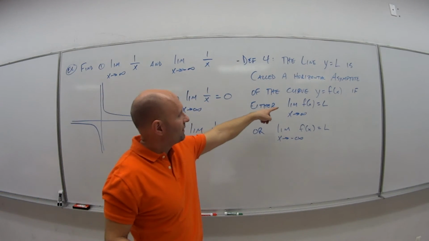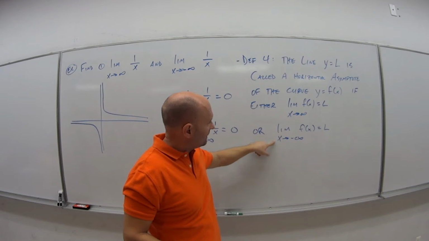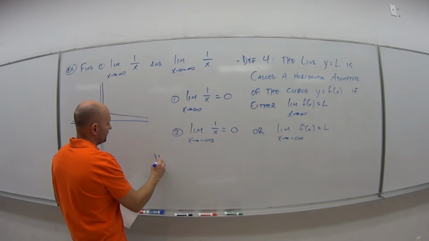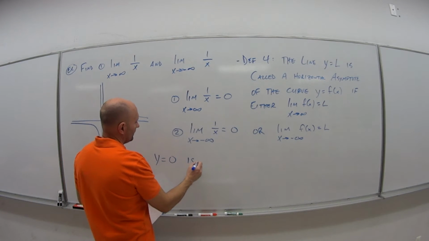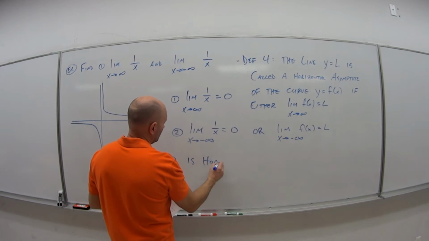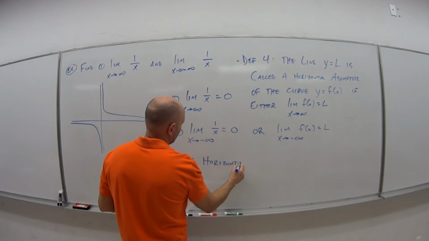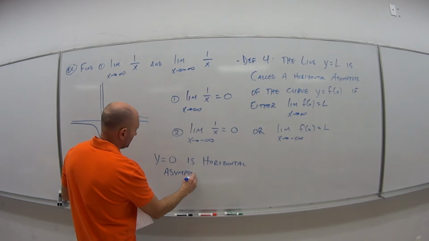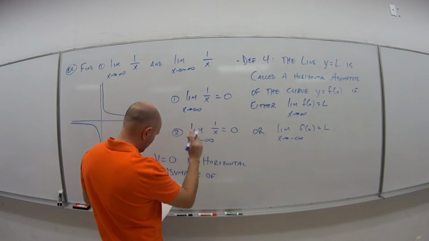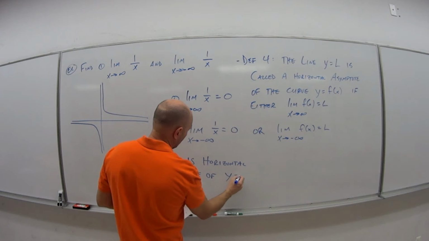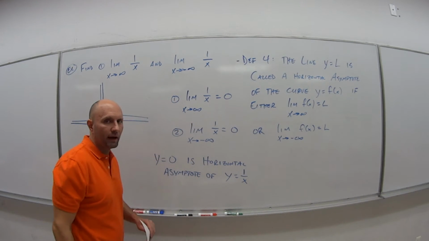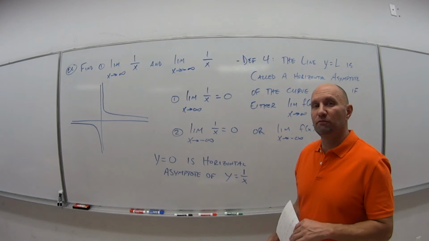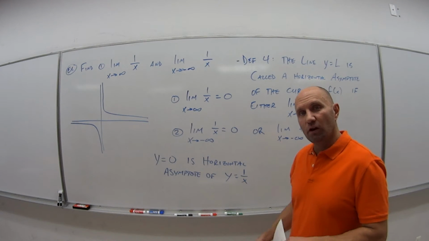Because the limit as I go to positive infinity and the limit as I go to negative infinity are both 0, that means that y equals 0 is a horizontal asymptote of the function y equals 1 over x. So quick question, does this one have a vertical asymptote? It does, right?